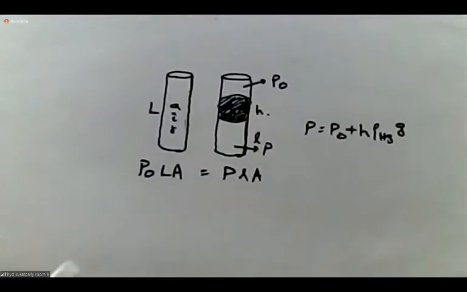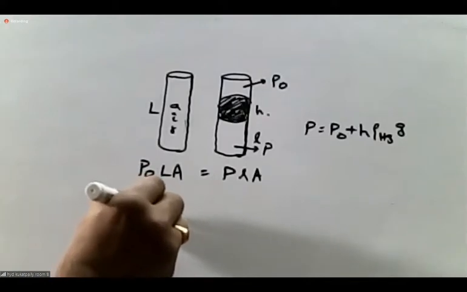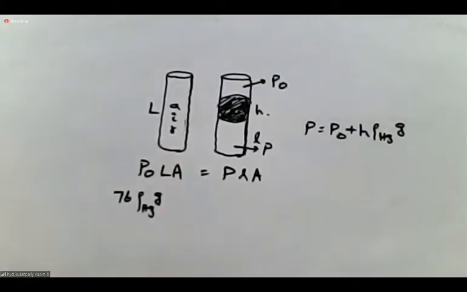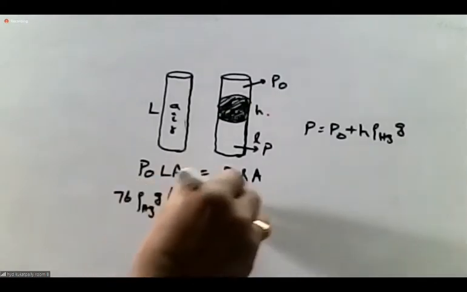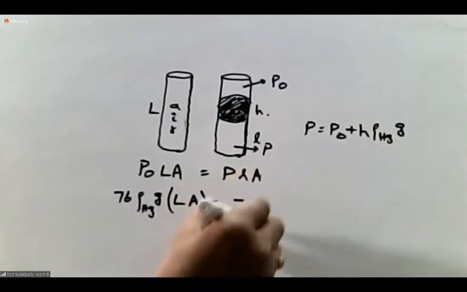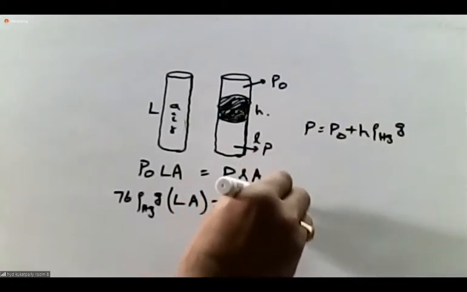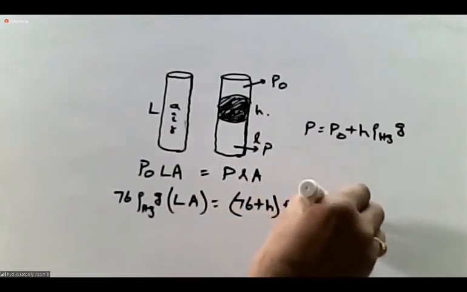So wherever atmospheric pressure is there, I can write 76 into rho mercury into g into capital L into A is equal to P naught plus H rho g into L into A, where P naught is 76.